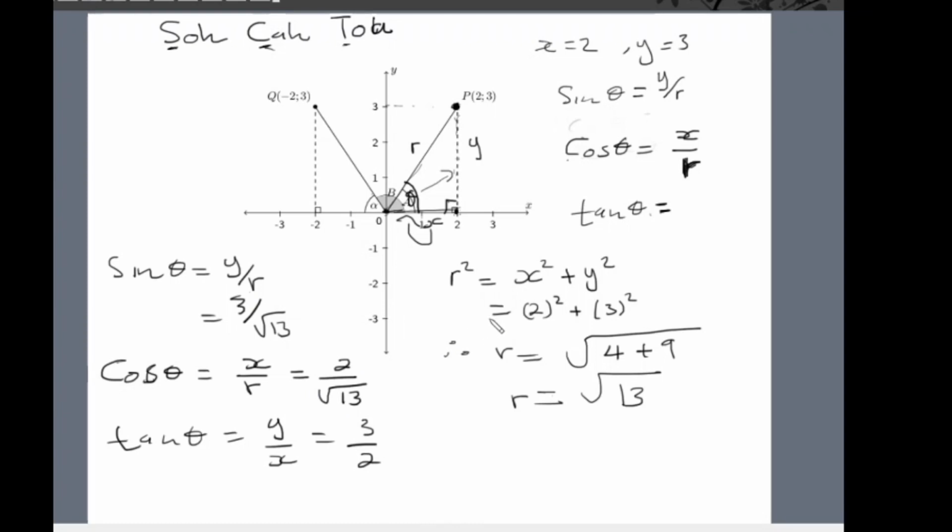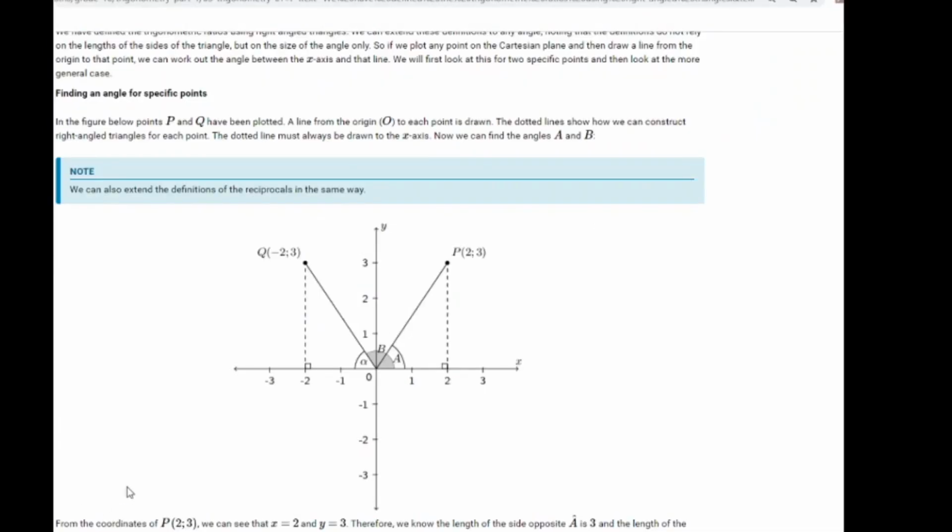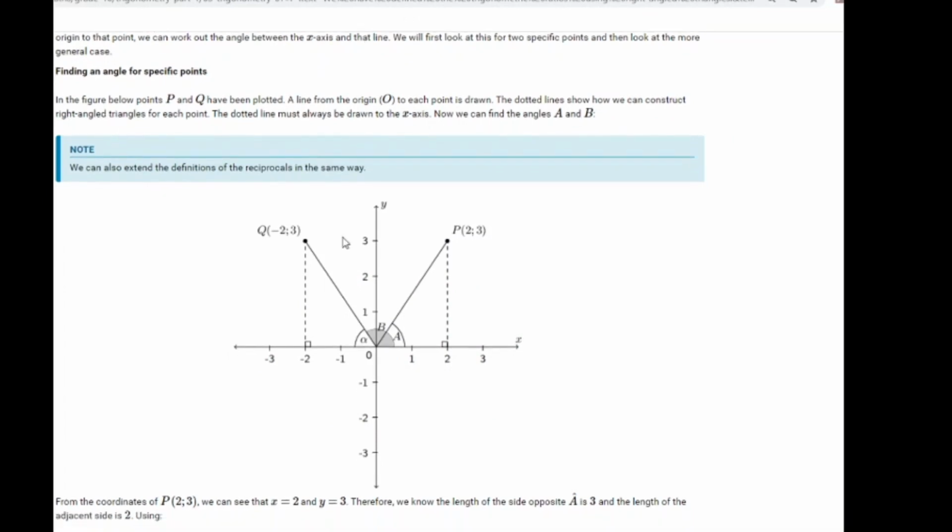Now let us go back to our notes. So, finding an angle for specific points. In the figure below, points P and Q have been plotted. A line is drawn from the origin to each point.